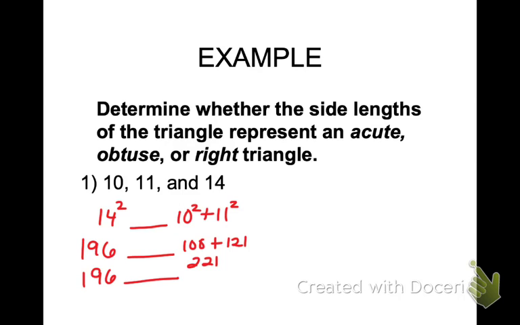Definitely not, so it's not right. Is my c squared smaller or larger? Smaller, so it's acute or obtuse? Acute. Good. You see that? Yes, pretty easy, I think, hopefully.